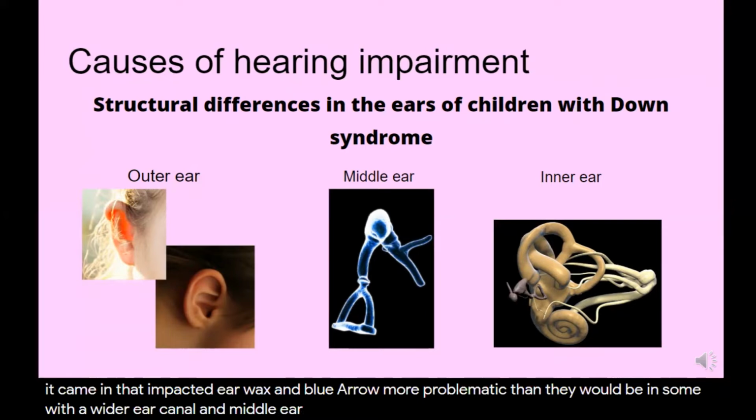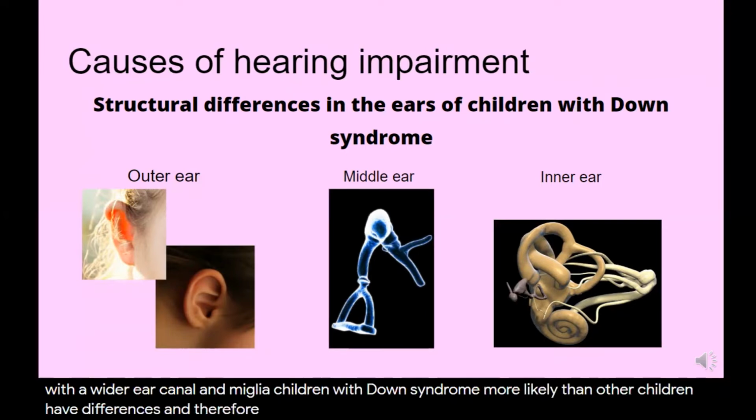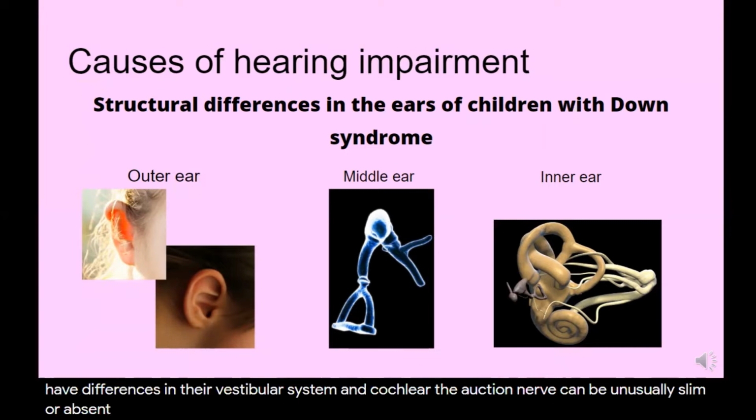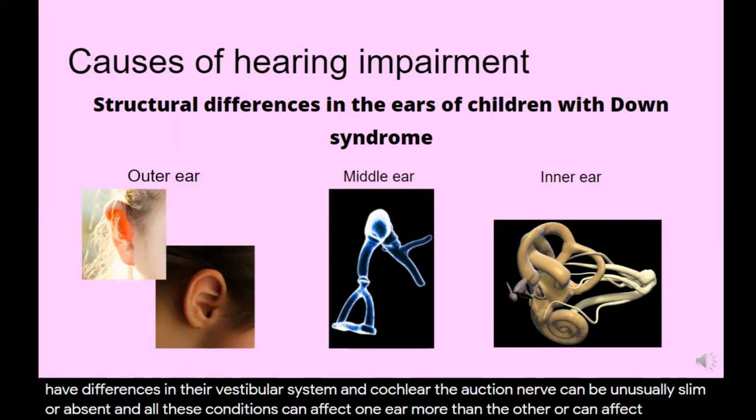Children with Down syndrome are more likely than other children to have differences in their vestibular system and cochlea. Also, the auditory nerve can be unusually slim or absent, and all these conditions can affect one ear more than the other, or can affect both.